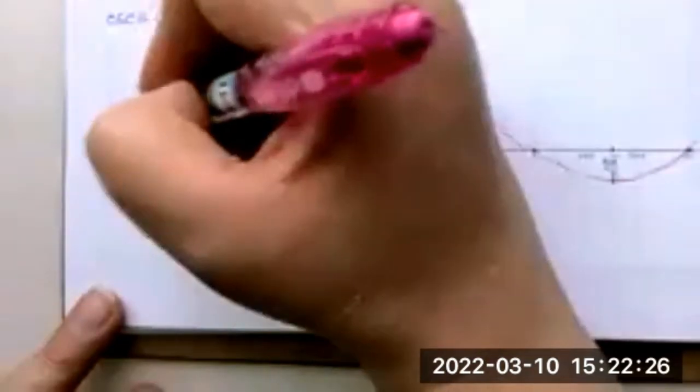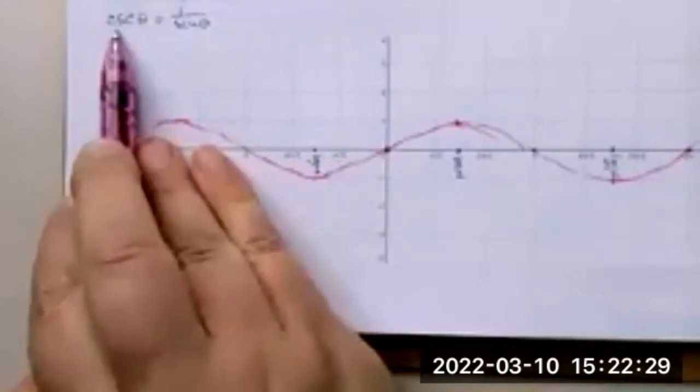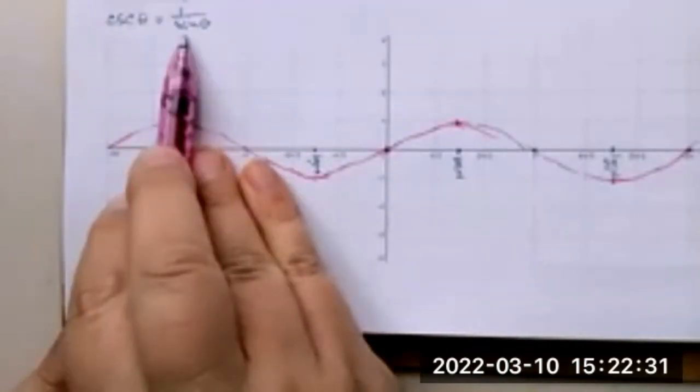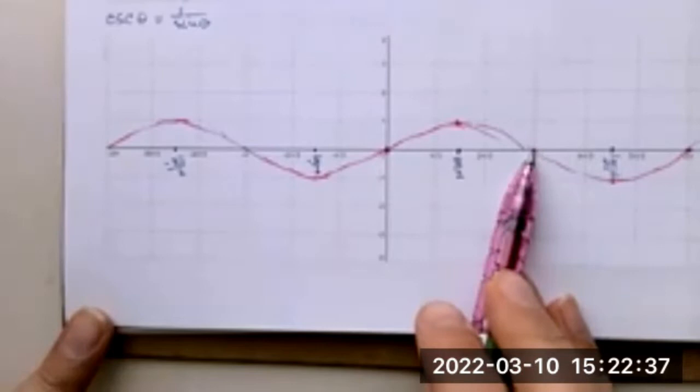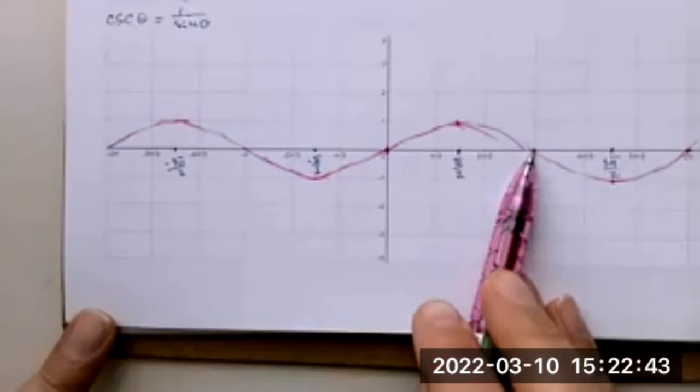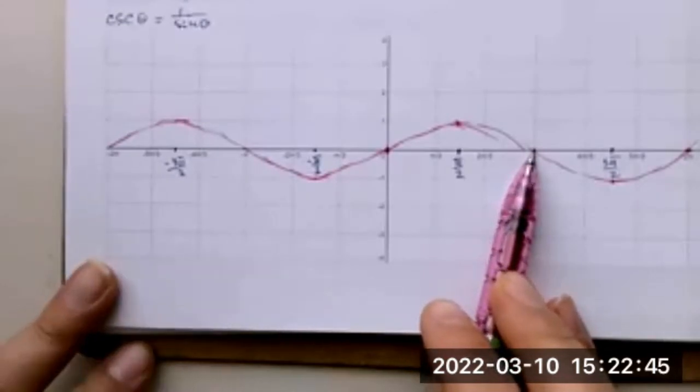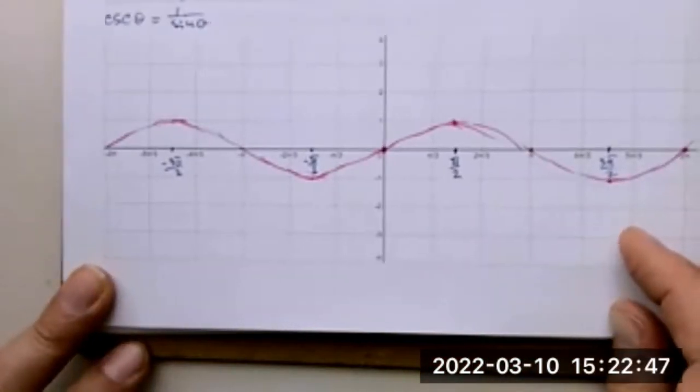Okay, so the cosecant function is 1 divided by sine, just like we mentioned. So what happens at the points where the sine value equals 0? Well, we know that division by 0 is undefined, and therefore the function is undefined at those points.